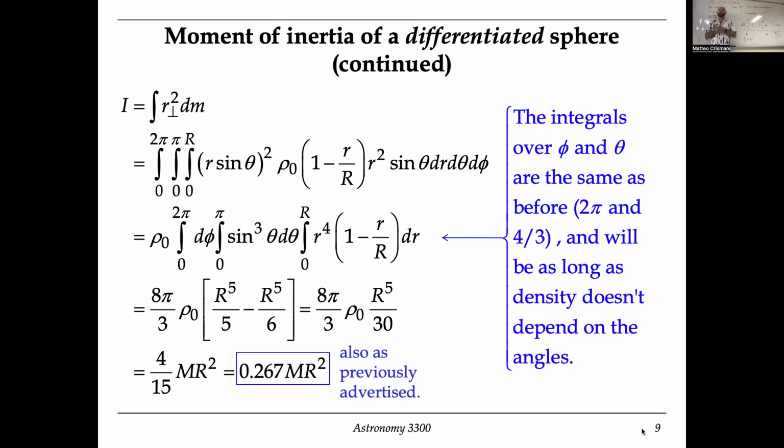We said that the moment of inertia we can interpret as what? What kind of motion? Resistance to rotation. Which is easier to spin? A differentiated sphere or an undifferentiated sphere?